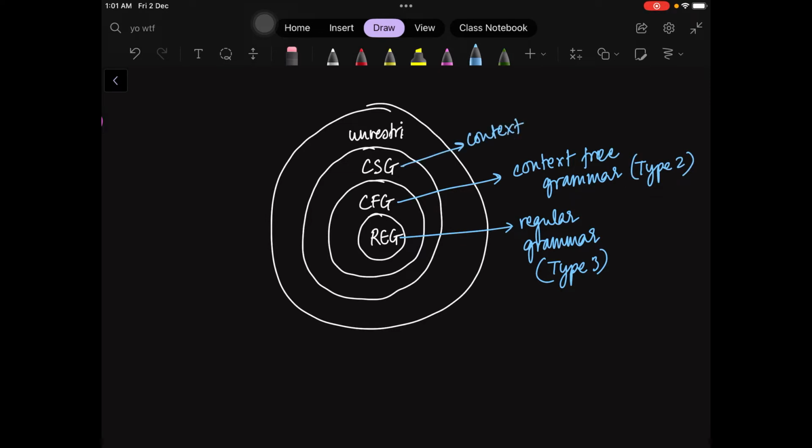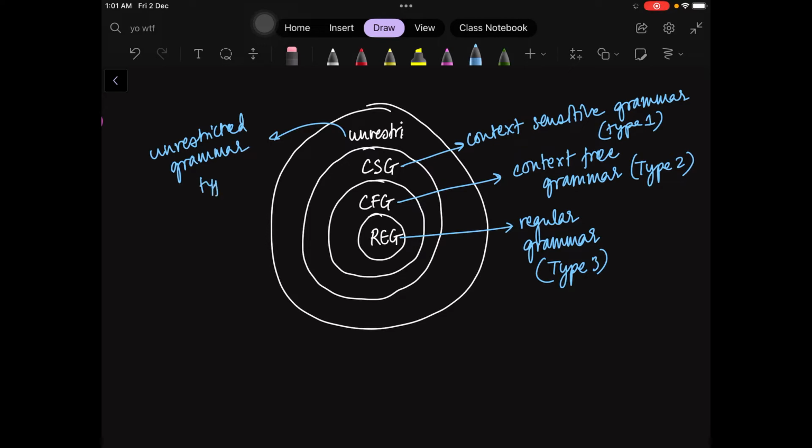As you can guess, context-sensitive grammar, also known as type 1, and this is unrestricted grammar, also known as type 0 grammar.